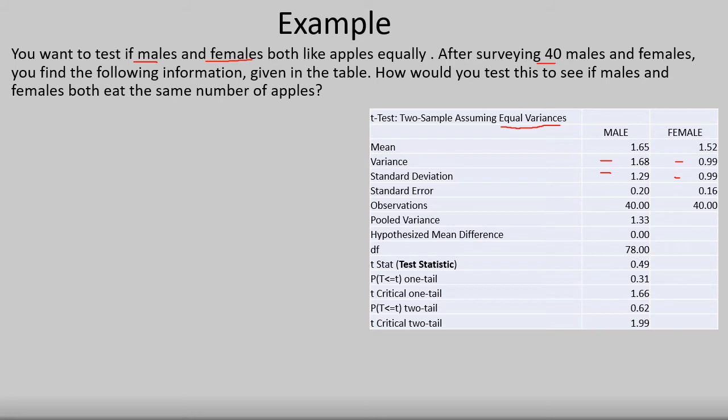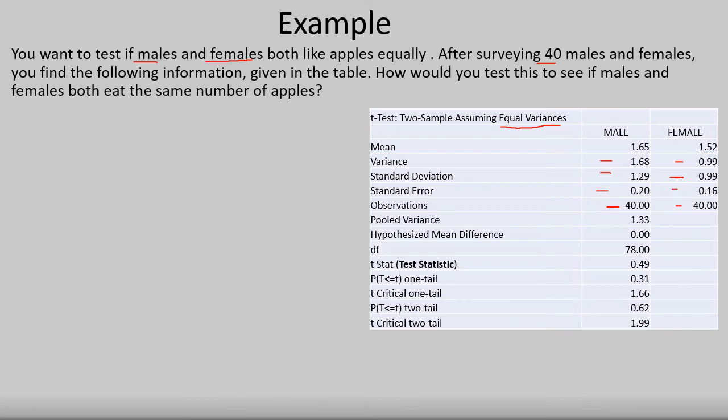The standard error was found by taking the standard deviation, so 1.29, and dividing it by the square root of 40, the number of observations that you have. And if you do that, you'll get 0.2. Same thing with females. You take the standard deviation of 0.99, divide it by the square root of 40, and you will get 0.16.